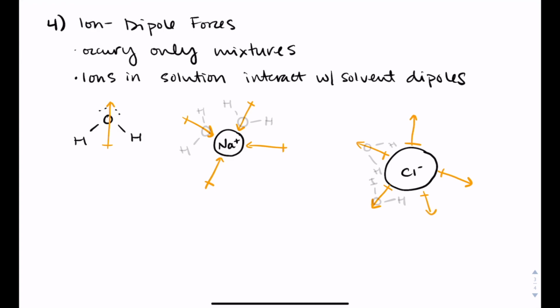I've got my ions here in the solution, my Na+ and Cl-, and then the water molecules that are surrounding it, which being dissolved just means being surrounded by water molecules. They line up with their dipoles turned the appropriate way. So for sodium, since it's a positive charge, the negative end of the dipole would be pointed toward the sodium. For chlorine, the positive end of the dipole would be pointed toward chlorine.